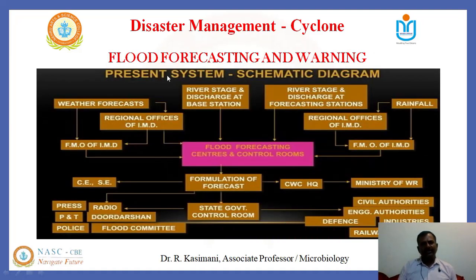So this is the flood forecasting and warning system, where you have the control rooms which get the information, and then it is transferred to different areas to overcome the problems which are going to happen due to flood.